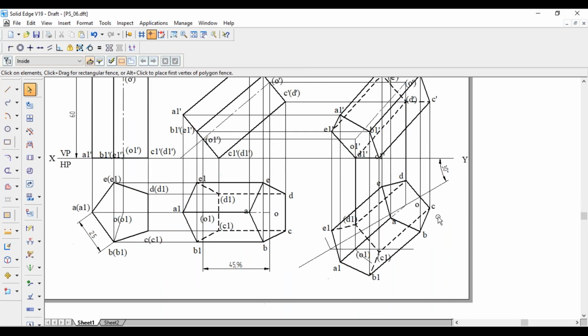Next thing is, as this is a locus problem, we have to find out the apparent angle also.